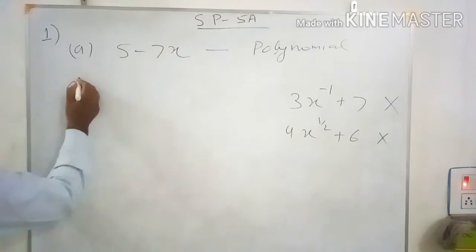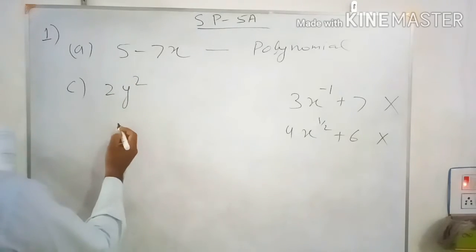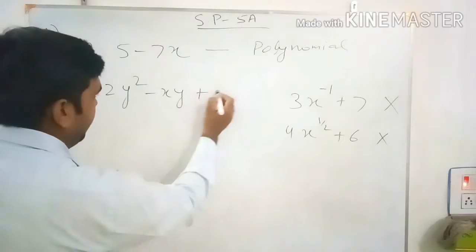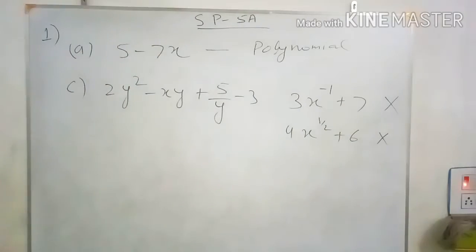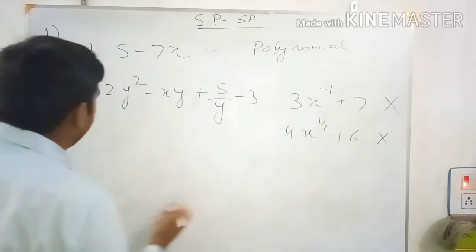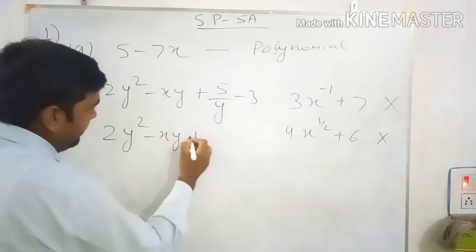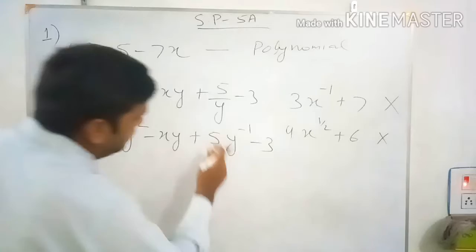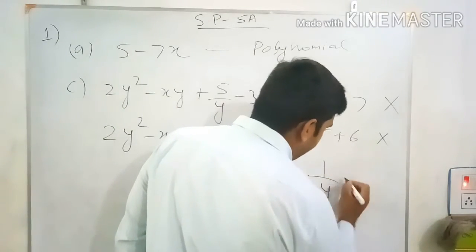Now see the expression C: 2y square minus xy plus 5 by y minus 3. This is not a polynomial because the degree of y is minus 1. 5 by y can be written as 5y to the power minus 1, since 1 by y can be written as y inverse.